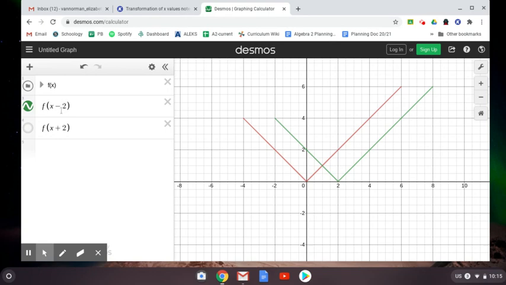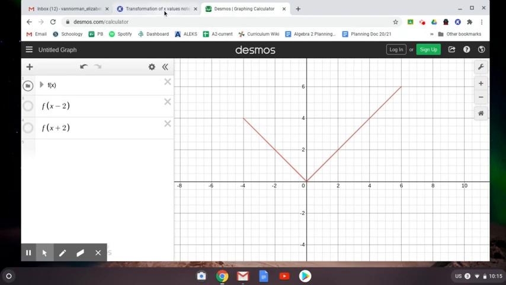Why did it go to the right? When you subtract values, you would think they would get smaller and go to the left. Well, let's see what happens when we add 2. When we add 2 to my function, it has been shifted to the left 2. Again, this seems backwards because when you add, you would expect it to go to the right, to be getting bigger. But we're finding here that everything that happens on the inside is opposite.